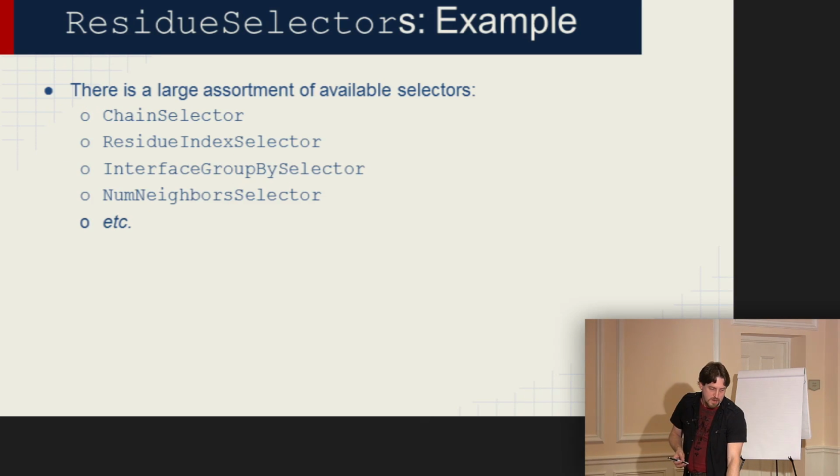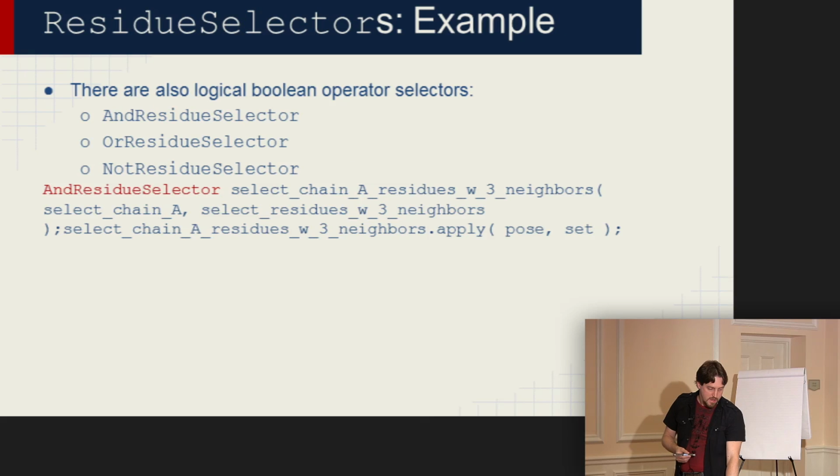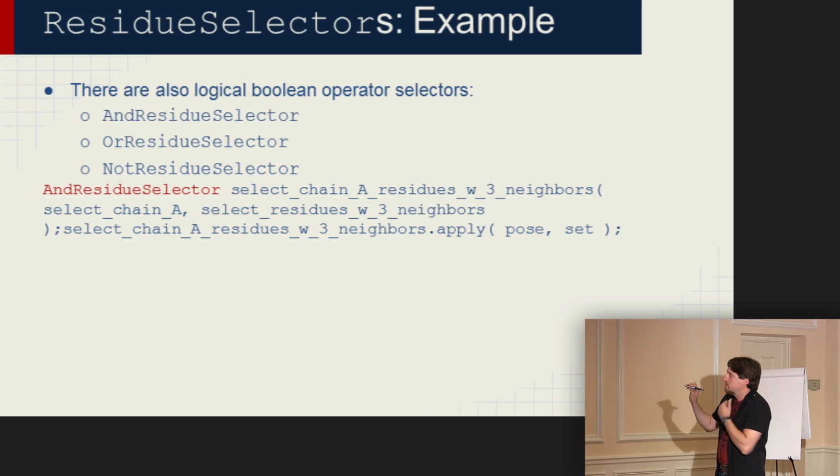So there's a large assortment of available selectors. We have a chain selector, we've got residue index selector, interface group by selector, number of neighbors selector. There's a whole lot of these, and it's easy to make a whole bunch of them for whatever purposes you have. There's also logical Boolean operator selectors. And so we have an AND residue selector, OR, NOT, right? So the Boolean residue selectors have constructors where you can just pass in two other residue selectors.